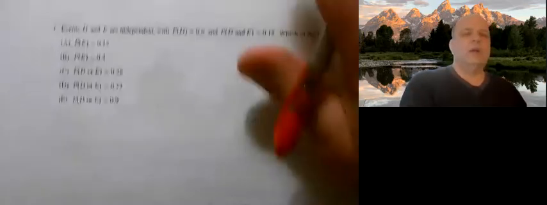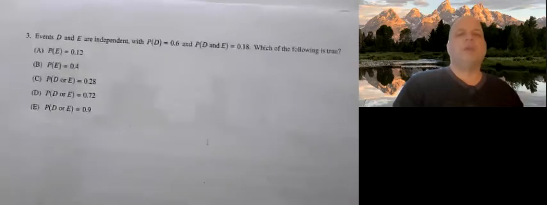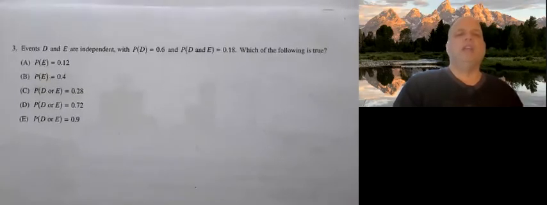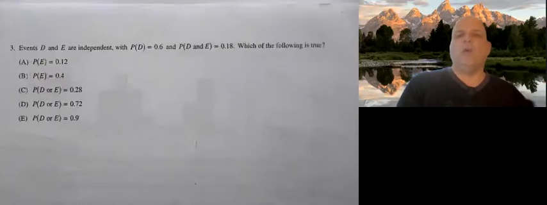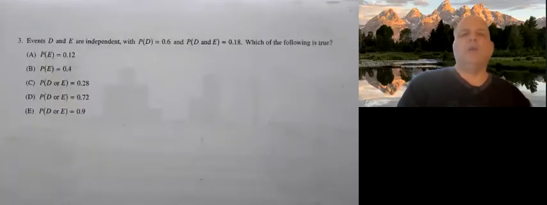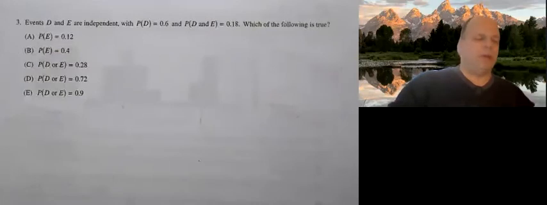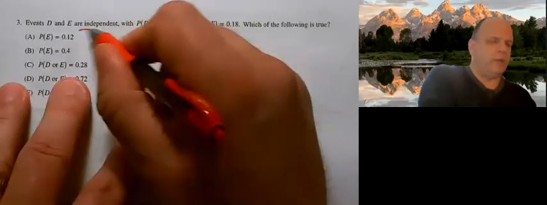All right. Number 3, events D and E are independent with the probability of D equaling 0.6 and the probability of D and E equaling 0.18. Which of the following is true? Now, they gave us a big piece of information here. They said that they're independent.